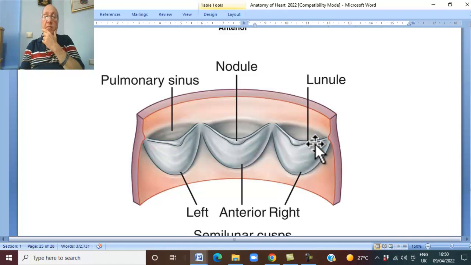The three nodules are very important to provide a central mechanical support for proper closure of the cusps of the valves during diastole.